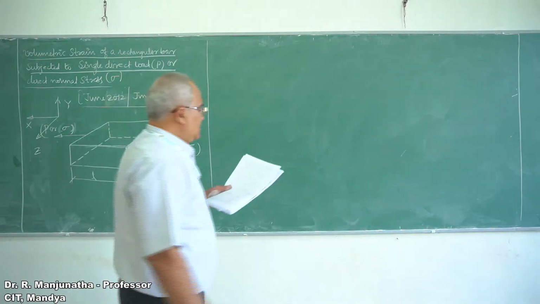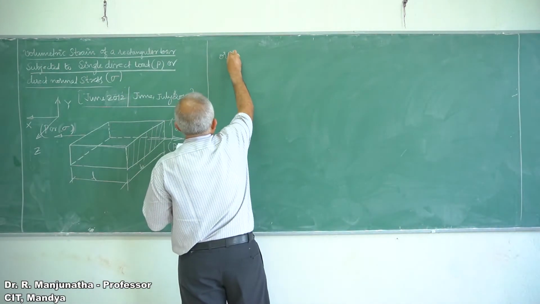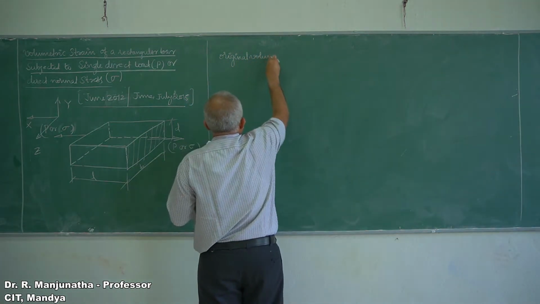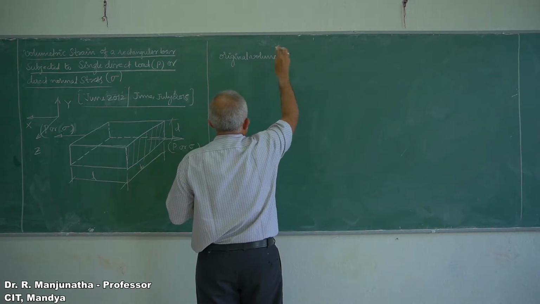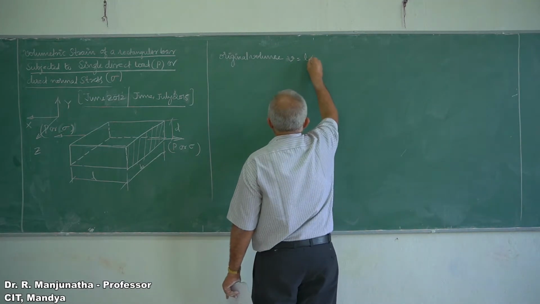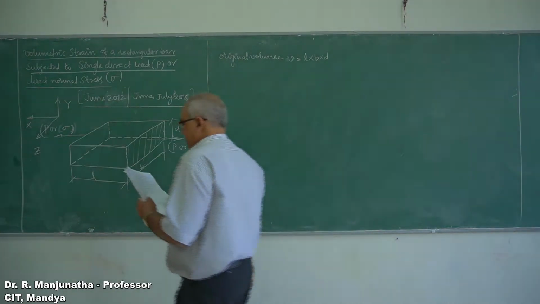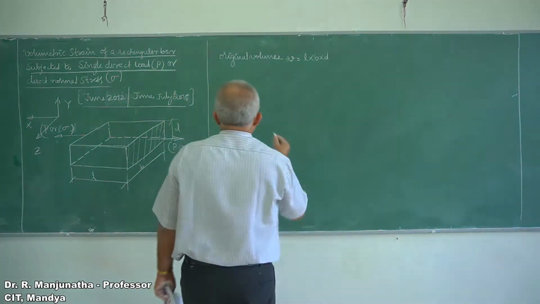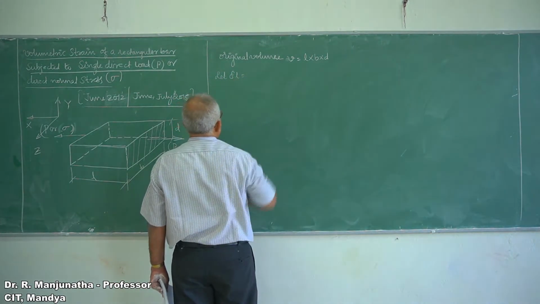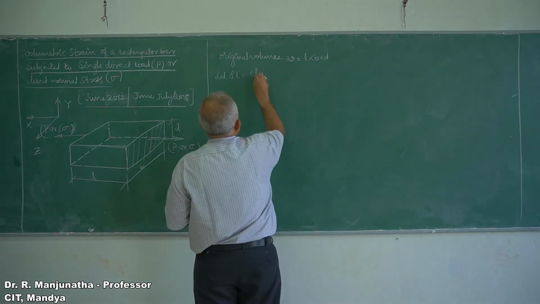So here the original volume is given by the volume of the bar, which is V, equal to L into B into D. Let delta L be the change in length.